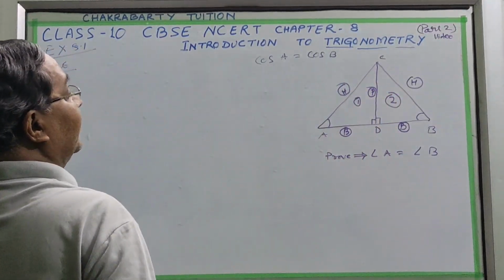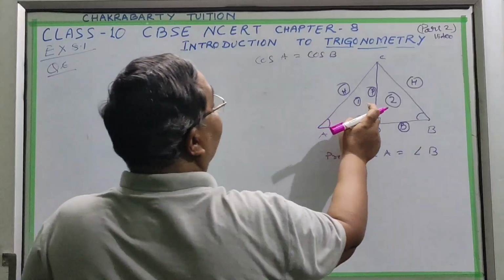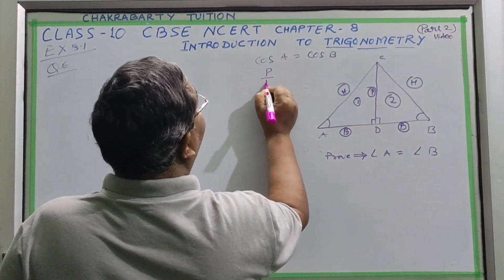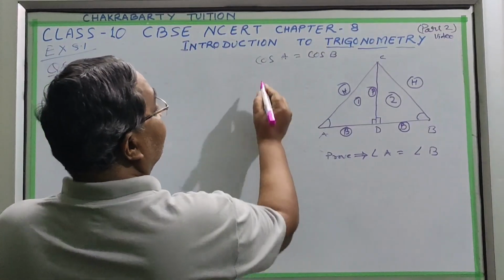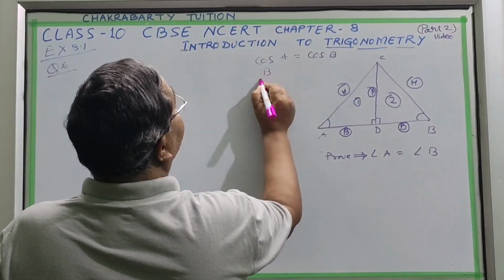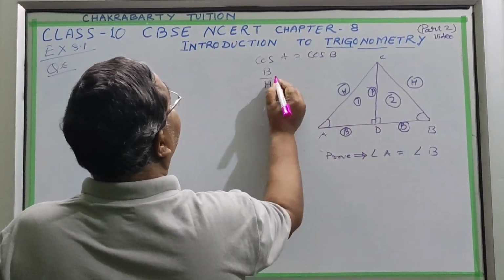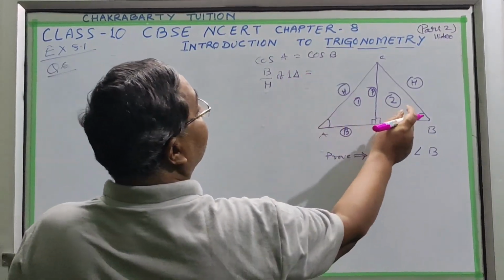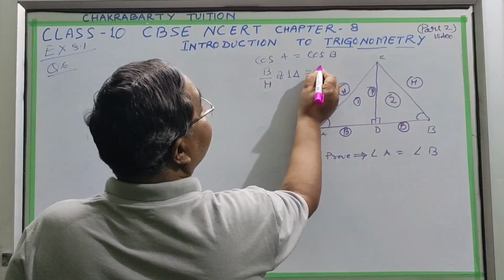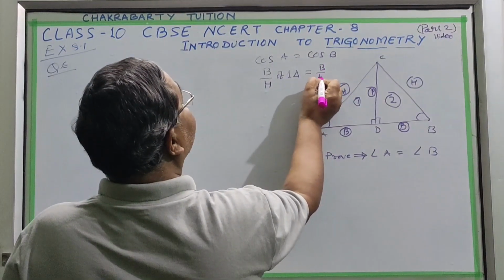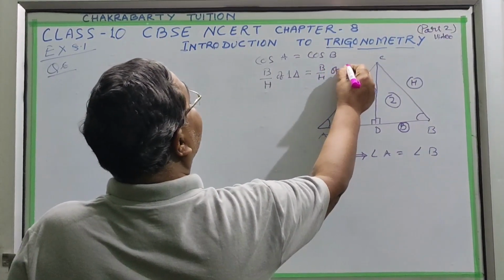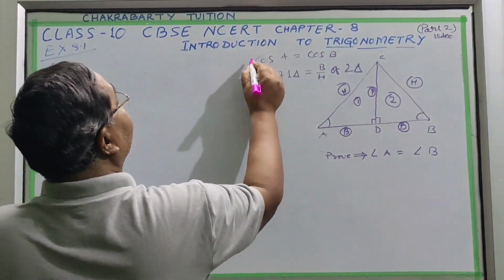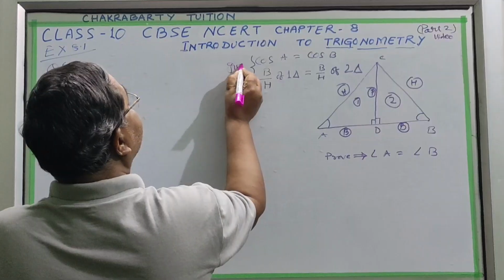So cos A means base upon H of the first triangle, which is equal to base upon H of the second triangle. This is given.